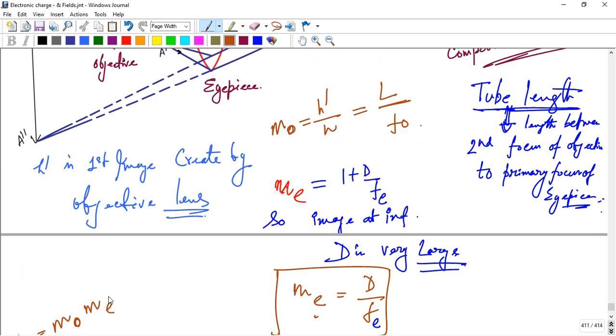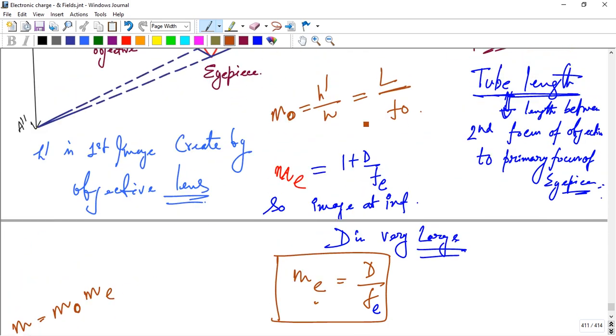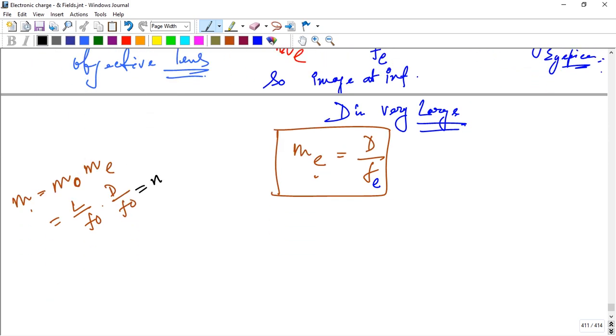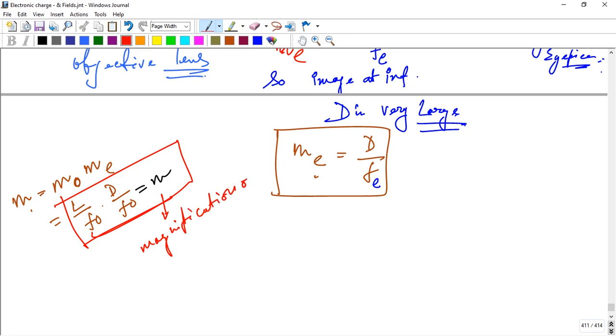So the total magnification is MO, which is L by F naught, times ME, which is D by FE, and that is equal to M. This is the magnification of a compound microscope.